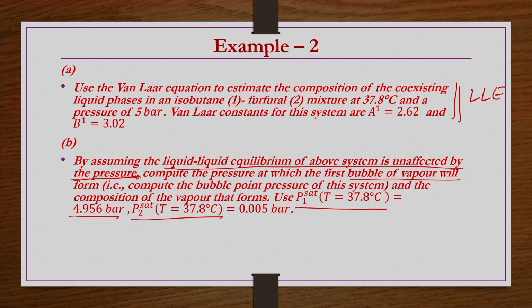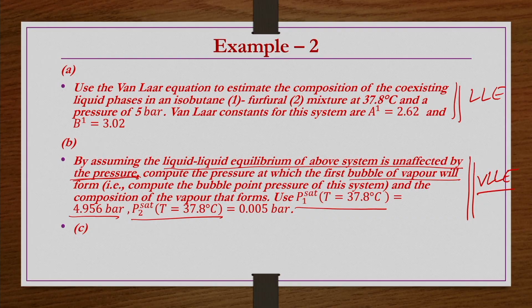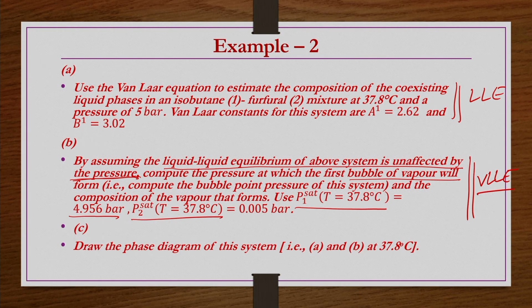Now the VLLE part comes into the picture, but the LLE part can be segregated from the vapor part in solving this problem, because the LLE part is unaffected by the pressure. And also you have to draw the phase diagram of this system, that is, the PXY diagram.